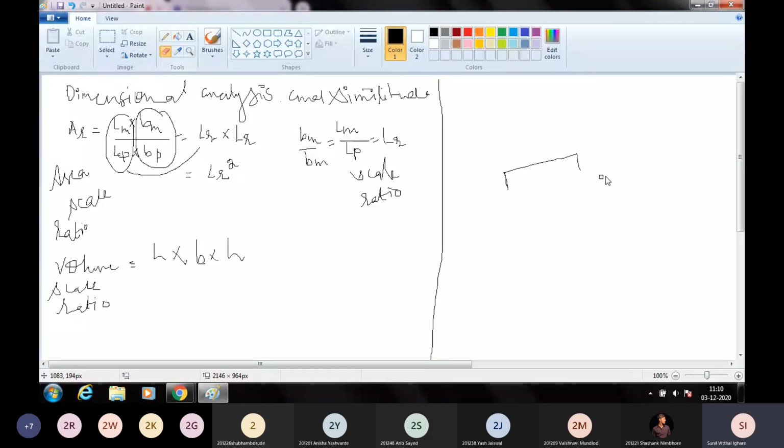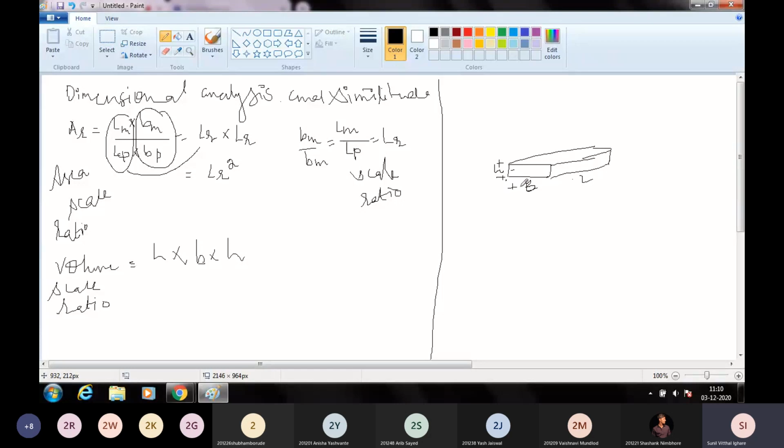If I draw a diagram here, just see here. On a smaller scale, I prepare a model. This is the length, this is the width, and this is the height h.